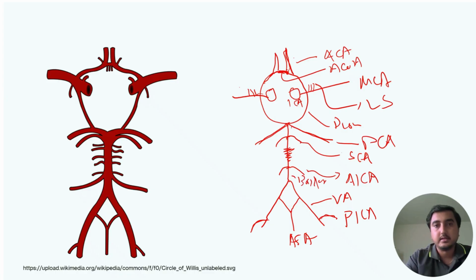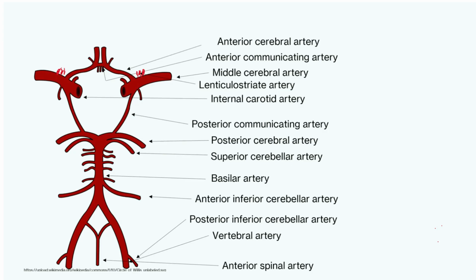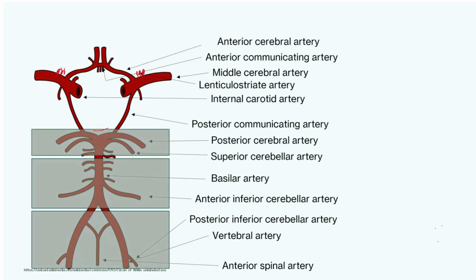So it's pretty easy. As these arteries ascend upwards, they supply different areas of the brain. Up to the basilar artery, it is just supplying the brainstem. The brainstem supply can be divided into three parts: the topmost part supplies the midbrain, the middle is the pons, and at the bottom we have the medulla.